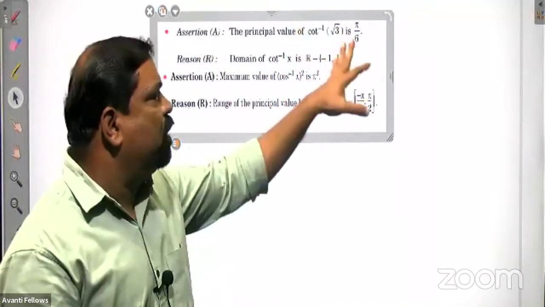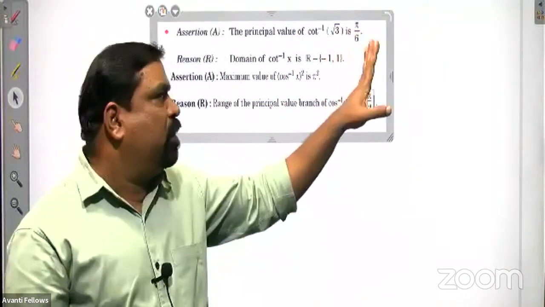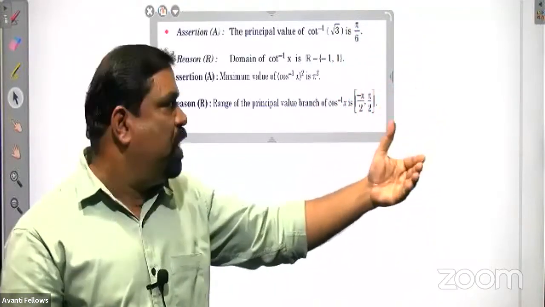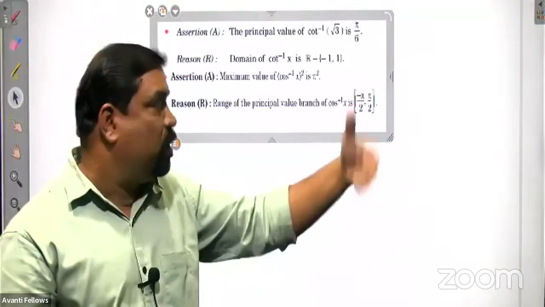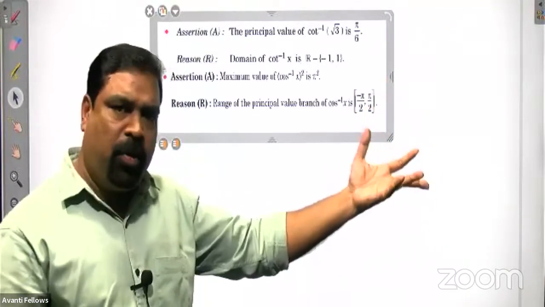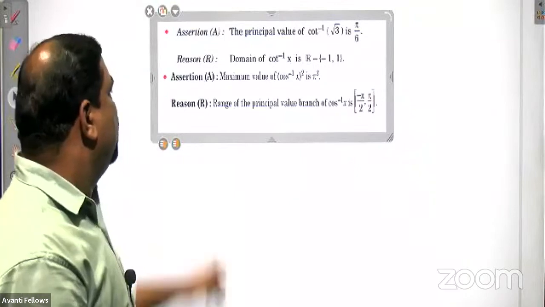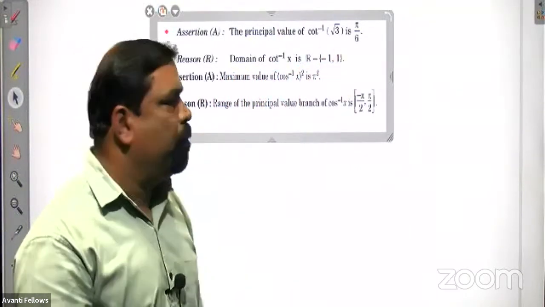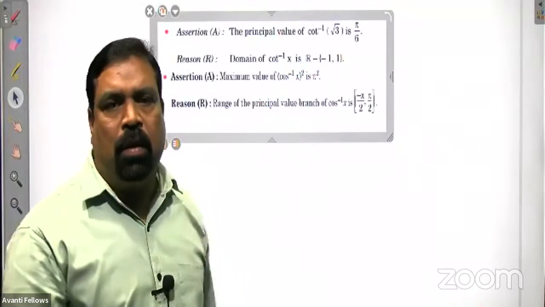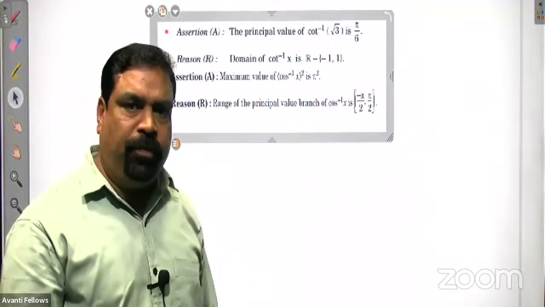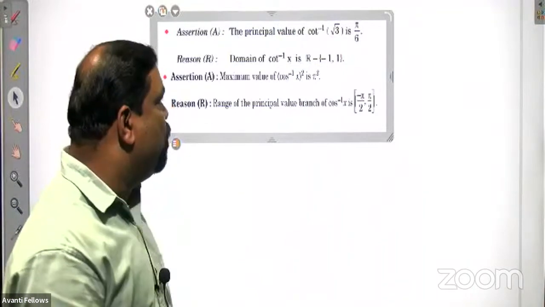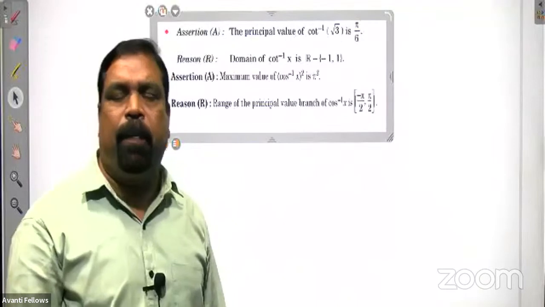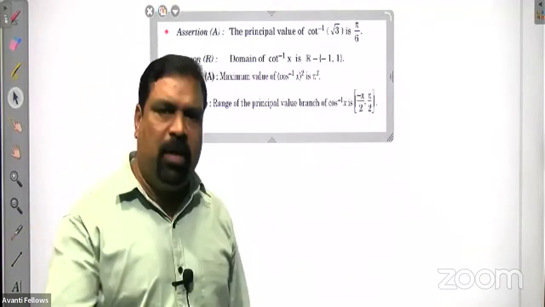Cot inverse root 3 is pi by 6, since cot 30 is root 3. Yes, true. But the reason, domain of cot inverse x is R minus [-1, 1], that is wrong. What is the domain of cot inverse x? All real numbers.